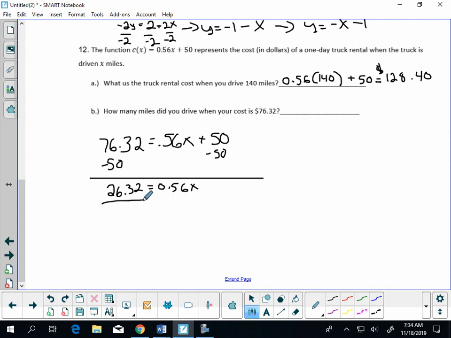Divide by 0.56. So take 26.32 divided by 0.56, and you get 47. That's what I'll put in my answer line, 47 miles.